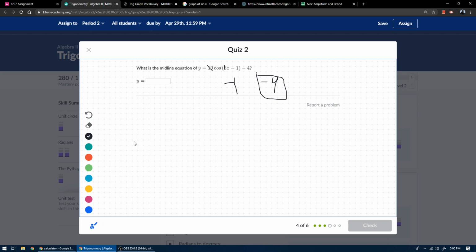So let's say I have just a basic sine of x. If this is just a basic graph, what happens if I subtract 4 from it? So I have sine x minus 4. If this is my new equation, what happens to this? Well, whatever this value will be, I subtract 4 from it.